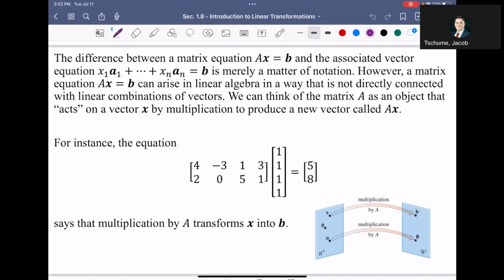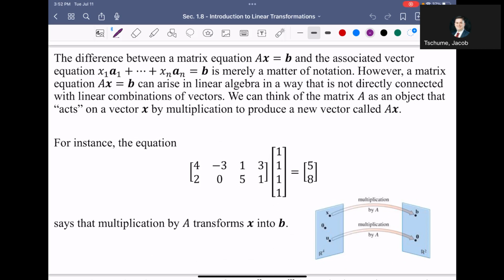So what we want to focus on here is when I say AX equals B, we don't want to think of it as a linear combination of vectors. We want to start thinking of it in different ways, and that's what we're going to build upon now. So let's think of the matrix A as an object that acts on a vector X by multiplication to produce a new vector called AX.